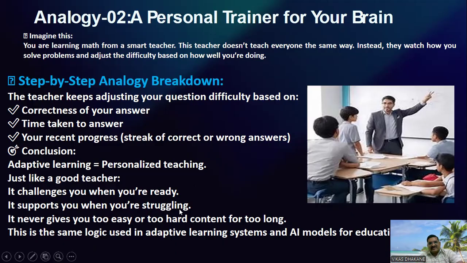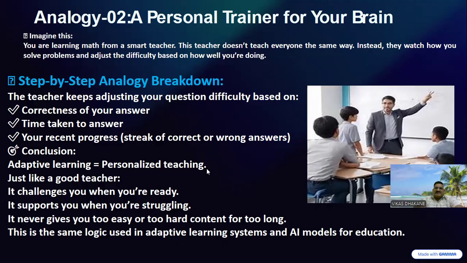This same logic is used by the adaptive learning system and AI models for education. As I said already, the natural student-teacher teaching-learning process is followed in the same way while building AI models.